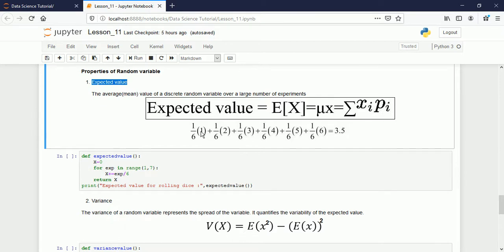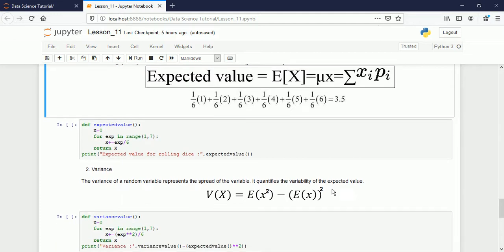For example, what is the probability of the event 1? It is 1 by 6. For 2 also 1 by 6, and 3 is also 1 by 6. If we multiply and add these, the result will be 3.5. That is called the expected value, and we can calculate it here.